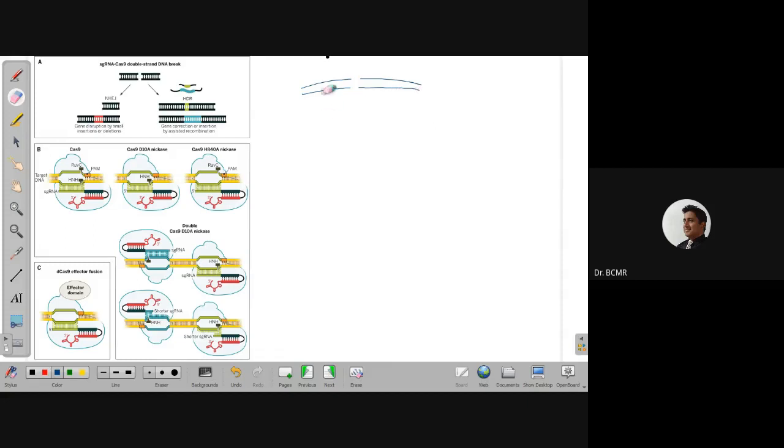Okay. Now, I hope you also remember what is haploid and what is diploid, right? Haploid and diploid. In haploid, you only have one set. In diploid, you have two sets.